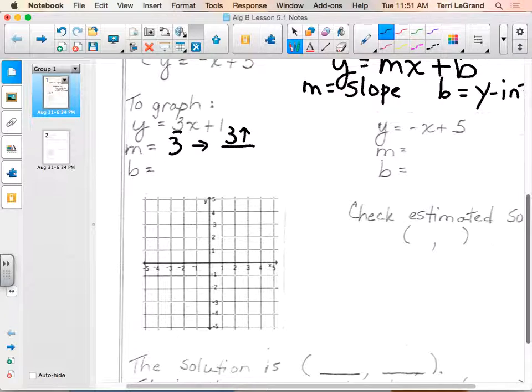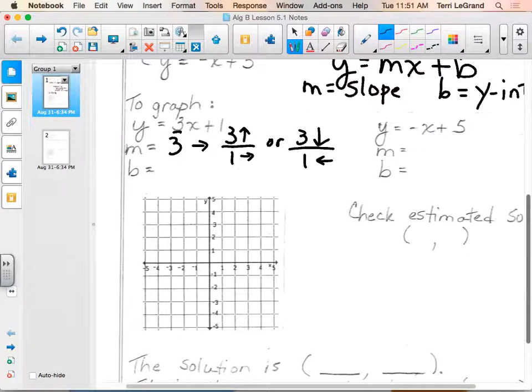And then go right, what number? 1. Or, remember we have another option. We can go down 3 and left 1.